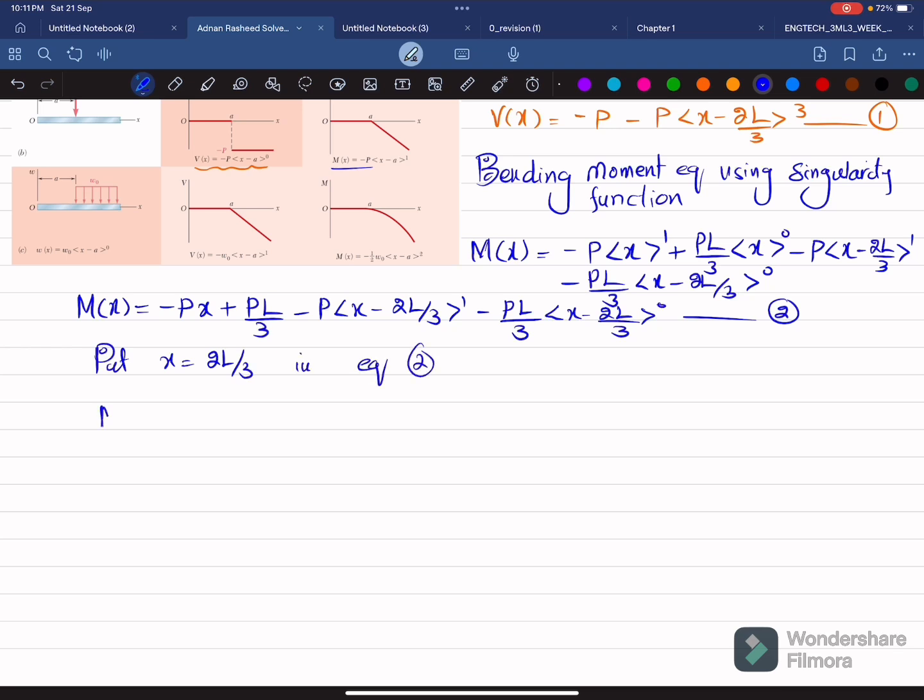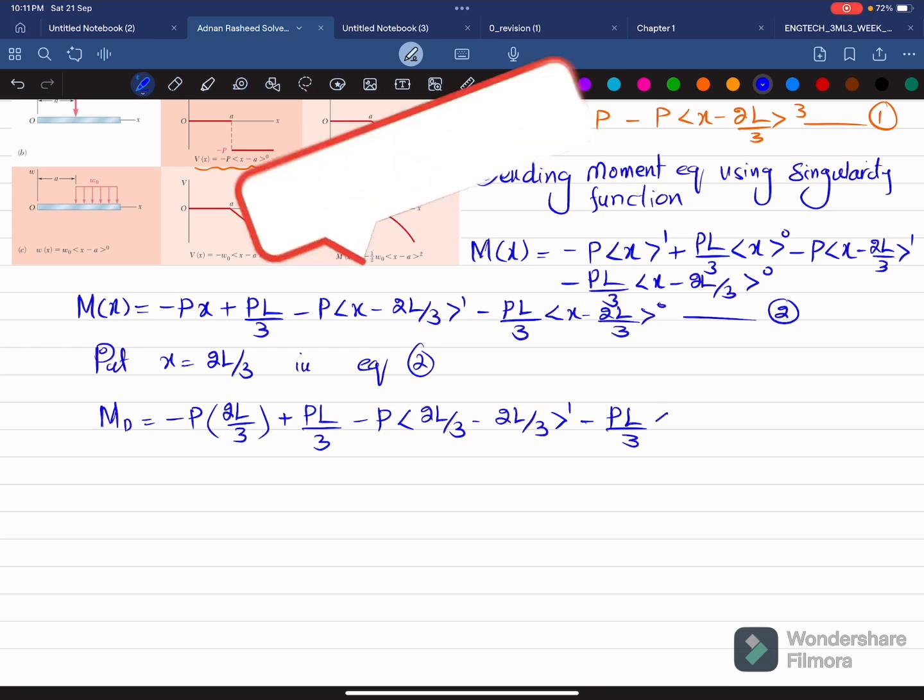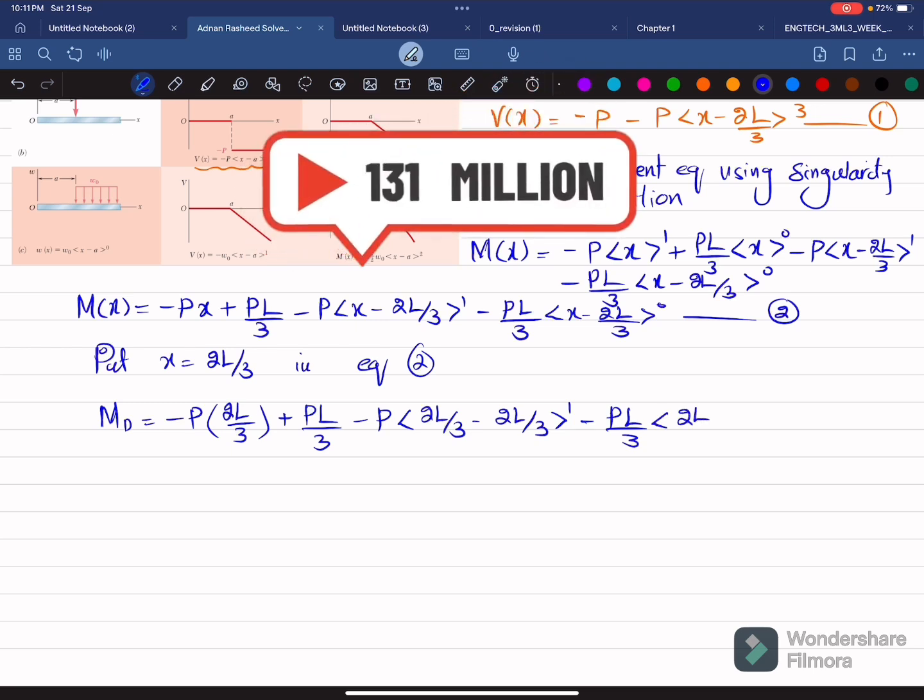So moment about point D will become equal to minus P, x will be replaced with 2L over 3, plus PL divided by 3, minus P times 2L divided by 3 minus 2L divided by 3 power 1, minus PL divided by 3 into 2L divided by 3 minus 2L divided by 3 power 0.